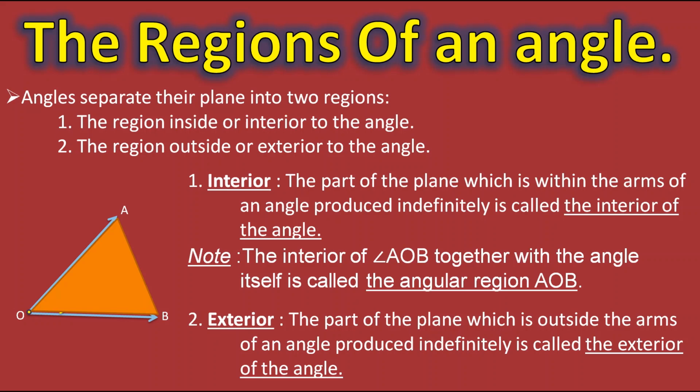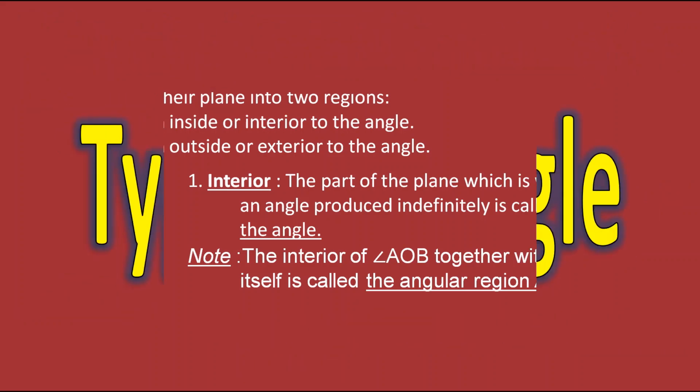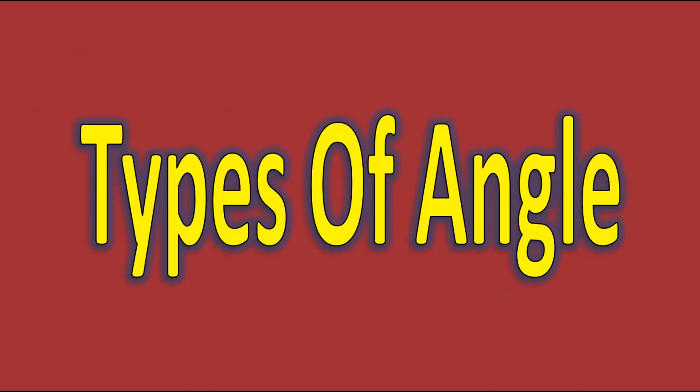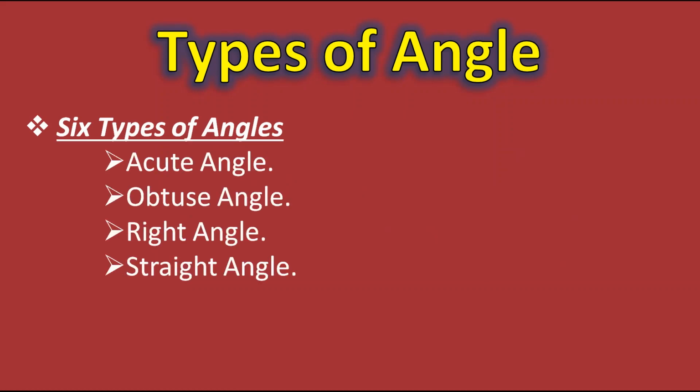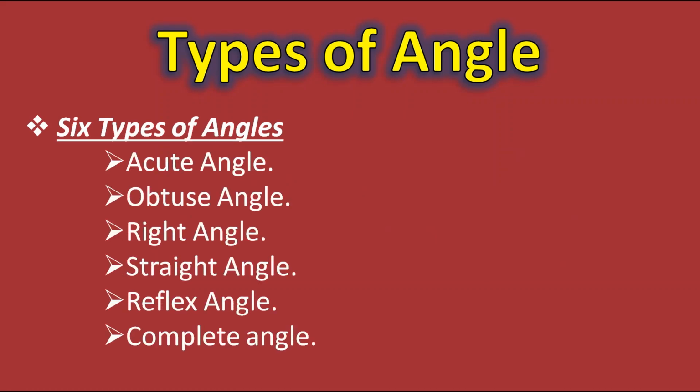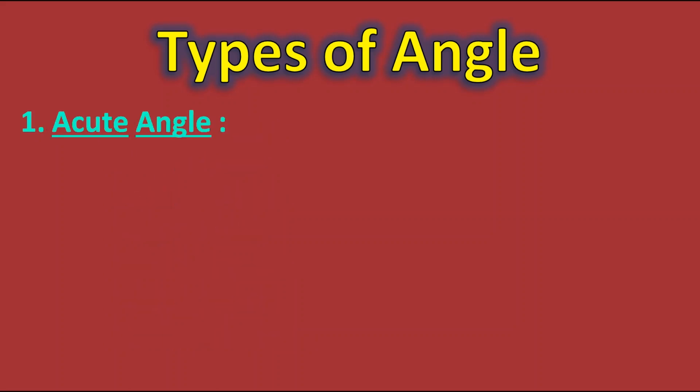Now let's move to the next point, that is types of angle. Now we will understand the 6 types of an angle. Those are acute angle, obtuse angle, right angle, straight angle, reflex angle and complete angle. These are 6 types of an angle. Let's understand one by one. The first is acute angle.